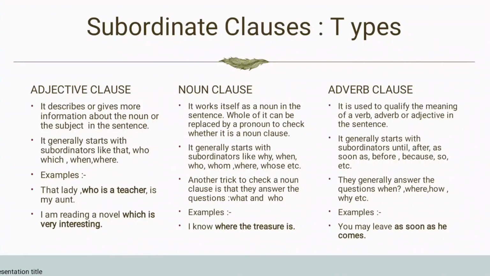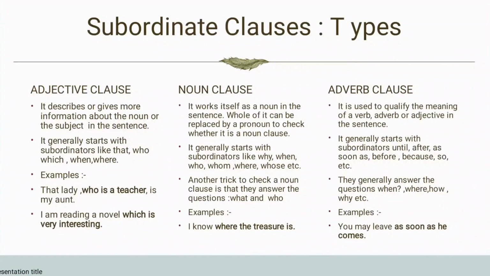So let's see the example. I know where the treasure is. "I know" is the main clause. "Where the treasure is" is the subordinate clause, and it's a noun clause. Why is it a noun clause? I know what? So we can ask a question. I know what? I know where the treasure is.